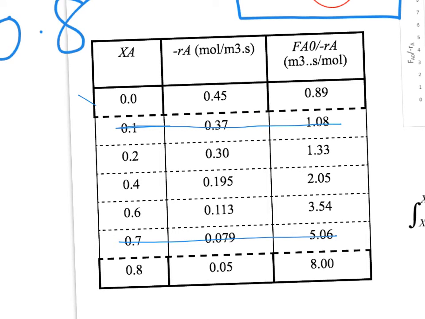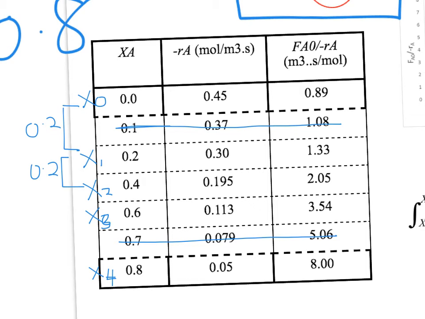Now look at this one. This will be your x0, this will be your x1, 0.4 is your x2, 0.6 is your x3, and 0.8 is your x4. Now you have the same interval: from 0.0 to 0.2 you have a 0.2 interval.